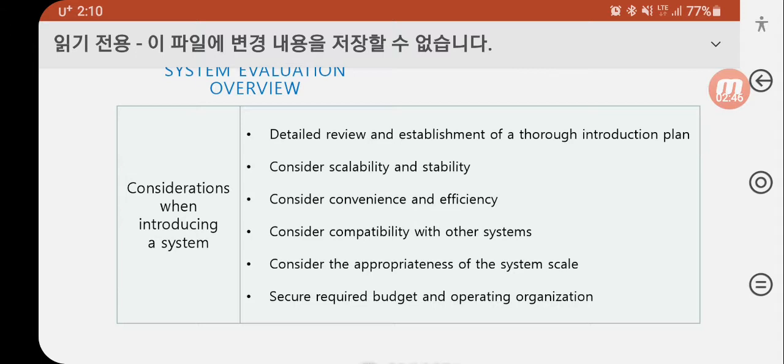Also consider convenience and efficiency. Compatibility with other systems. And then the appropriateness of the system scale. Finally, secure the required budget and operating organization.